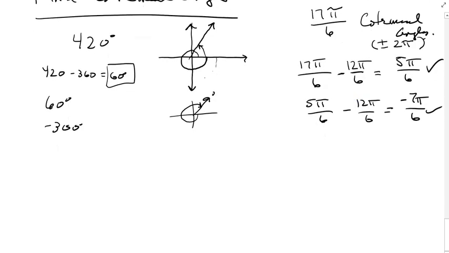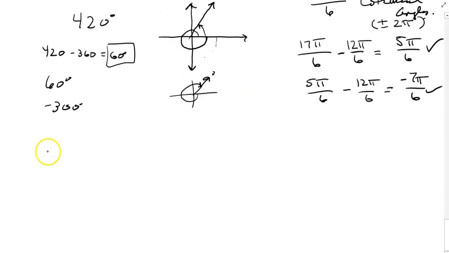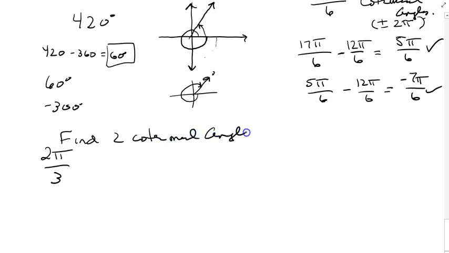So if I simply gave you, let's say, 2 pi over 3, find two coterminal angles. Well, I can take 2 pi over 3 and add 2 pi.